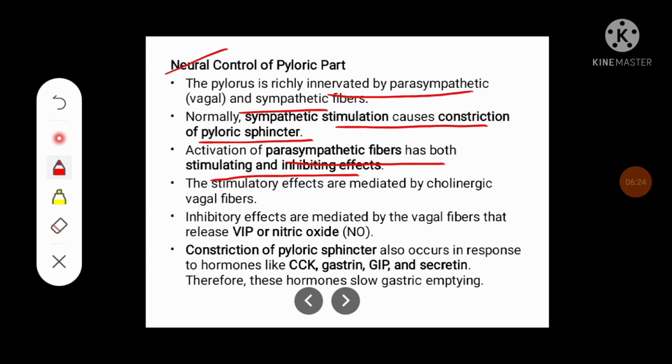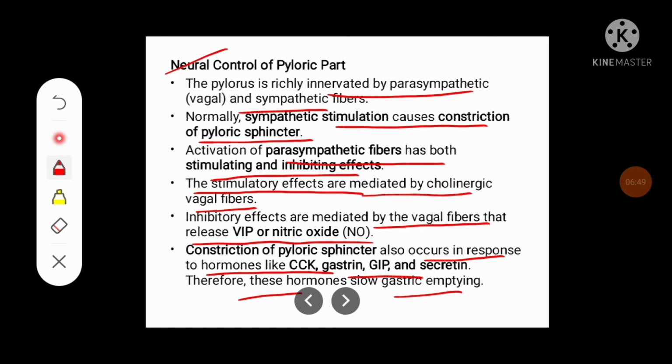Stimulatory effects are mediated by the cholinergic vagal fibers. Inhibitory effects are mediated by vagal fibers that release VIP or nitric oxide. Constriction of the pyloric sphincter also occurs in response to hormones like CCK, gastrin, GIP, and secretin. Therefore, these hormones slow gastric emptying.